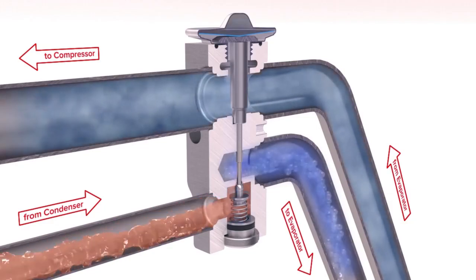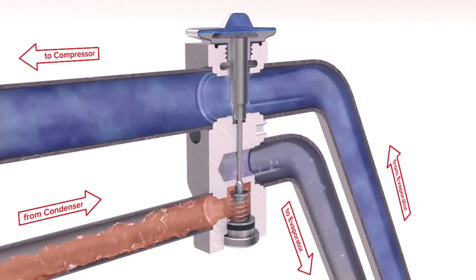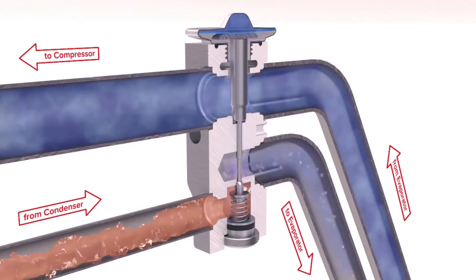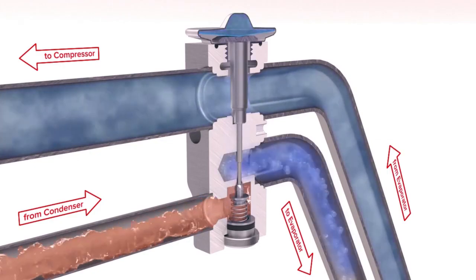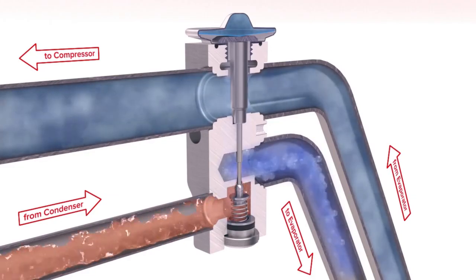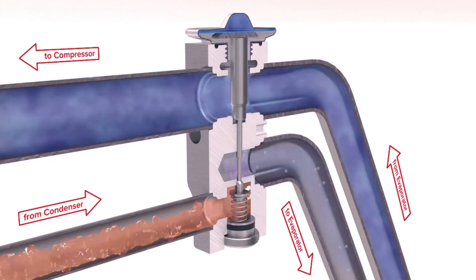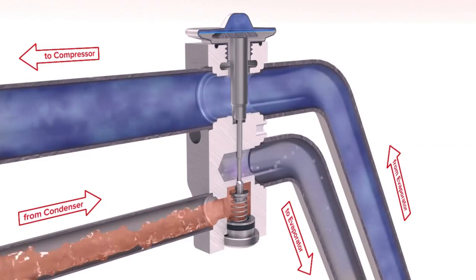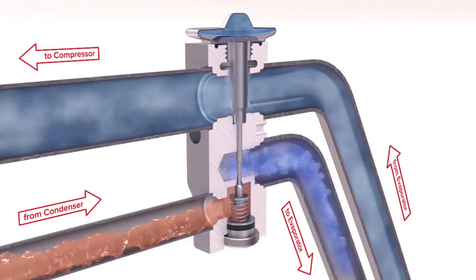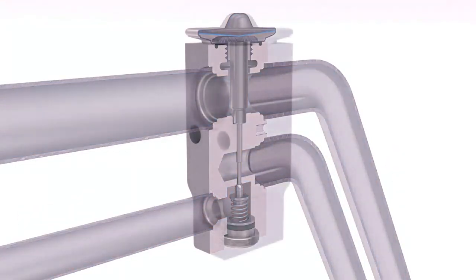The expansion allows the pressure to reduce, which also reduces the temperature, and this causes the refrigerant to again change state from a warm, high-pressure liquid into a cooler, low-pressure mist that is able to more easily absorb heat when it passes through the evaporator. The expansion valve also adjusts the quantity or flow of refrigerant passing to the evaporator. Too little or too much refrigerant results in too little or too much heat being removed from the passenger compartment.